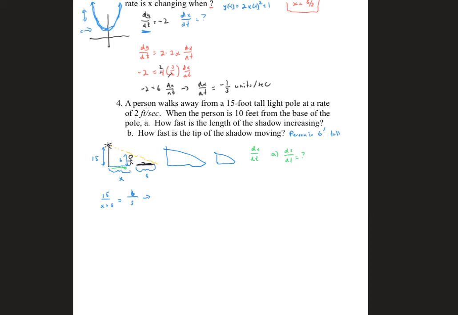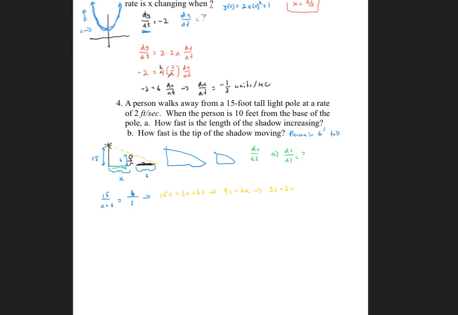So we can cross multiply and say 15s is going to be, and I'm going to distribute that, 6x plus 6s. Subtracting the 6s over, we get 9s is equal to 6x. Maybe we can divide through by 3 and call that 3s is equal to 2x.